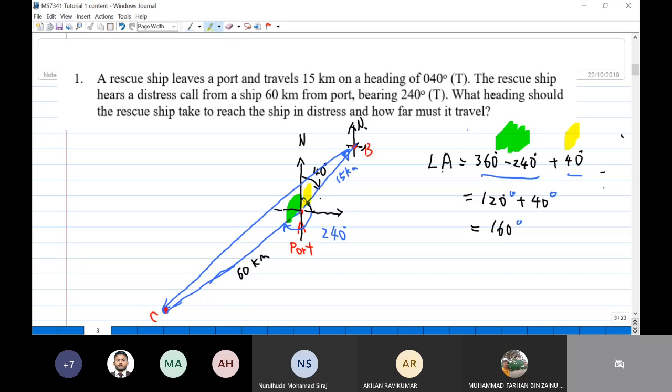So altogether it is 120 plus 40, you get 160. So this is how you find angle A. This is another important slide here, how to find angle A.